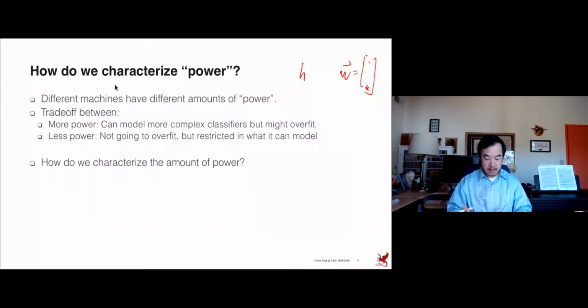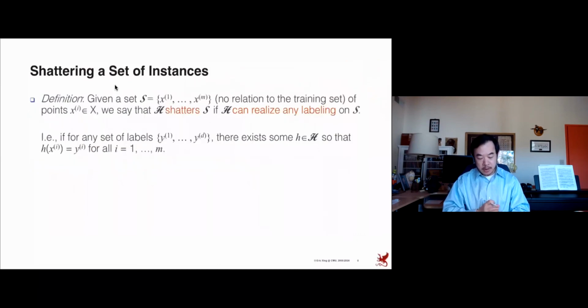So let's take a different view of how to characterize the amount of power. Here I'm going to introduce a very interesting concept called shattering. Here's the definition of shattering. It starts with a data set of M examples.